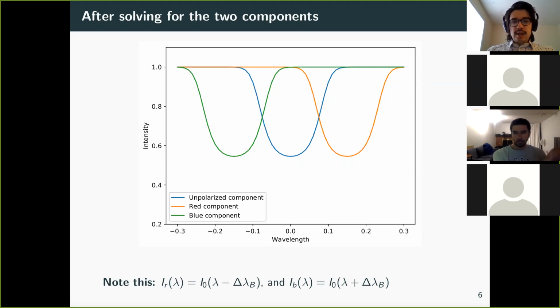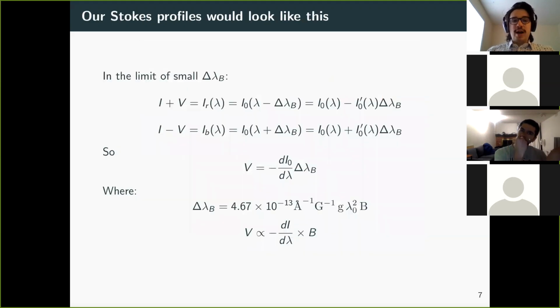Then what I can do is write this I plus V, which I'm calling I red, which is actually I0 shifted by delta lambda B. I can write it through the derivative of the unshifted profile, right? Look at the last line, and pay attention to the mouse.